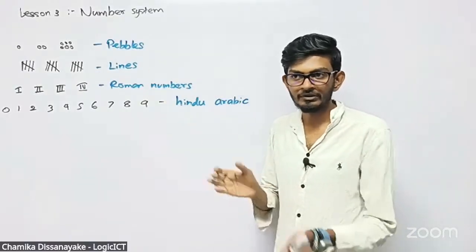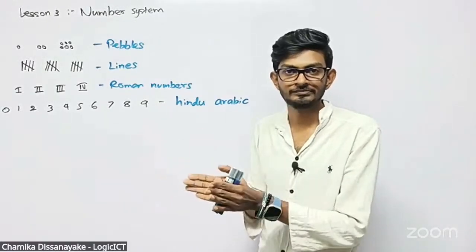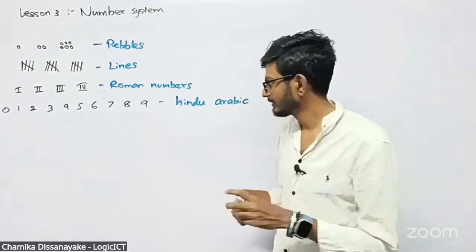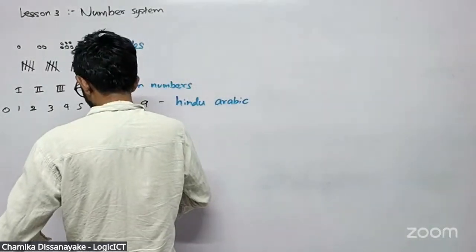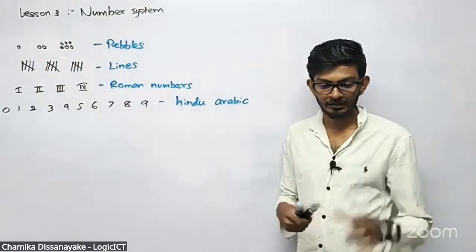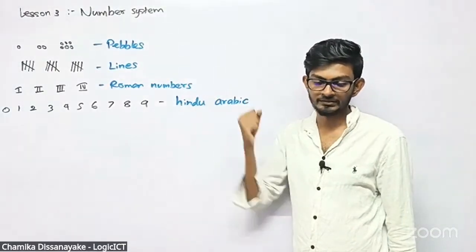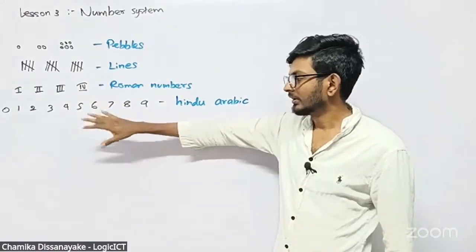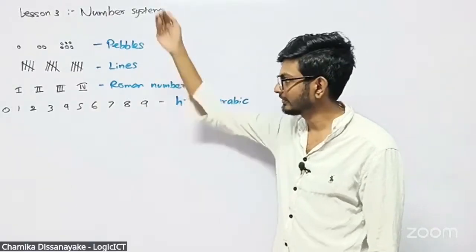Our computer uses several number systems for calculation. So the first one is what? Binary number system, guys. Did you get the idea of the number system? Hands up if you got the idea. Yes. All right. So our computer is going to use several number systems like these.